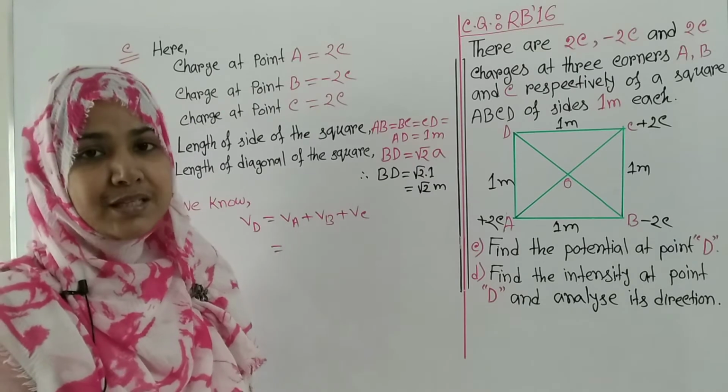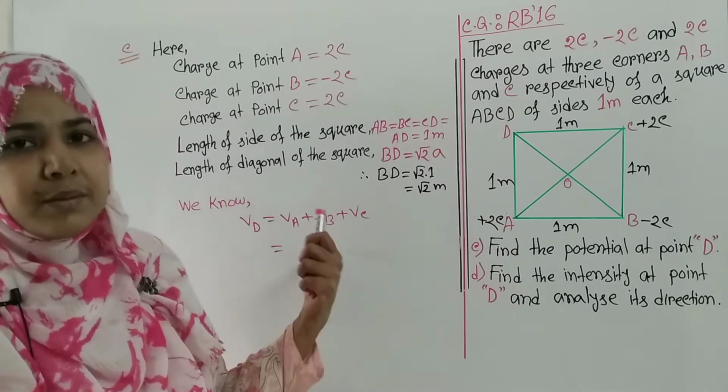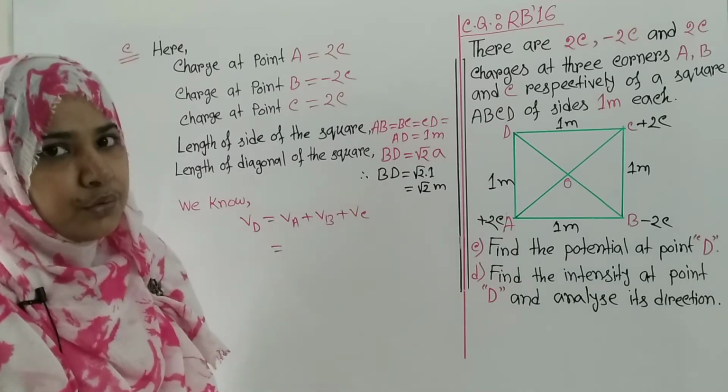You know that potential is a scalar quantity, so we can add these using simple mathematical addition rules.